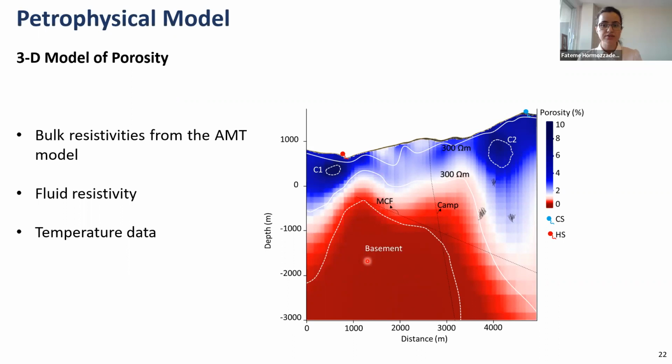So C1 and C2 were the potential clay caps that I showed in the AMT models. We shouldn't consider high porosity in these two zones, since they are related to clay minerals. As we see the values showing very low porosity in the area, now we have estimated the porosity, but we should evaluate other parameters that can affect it.